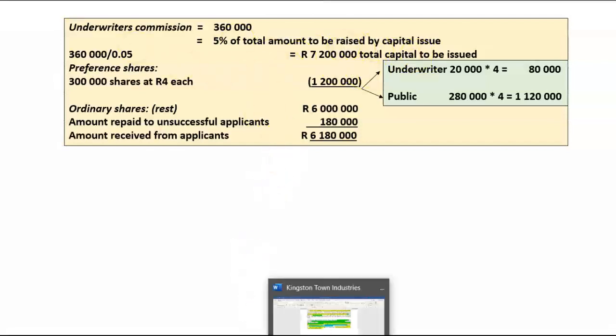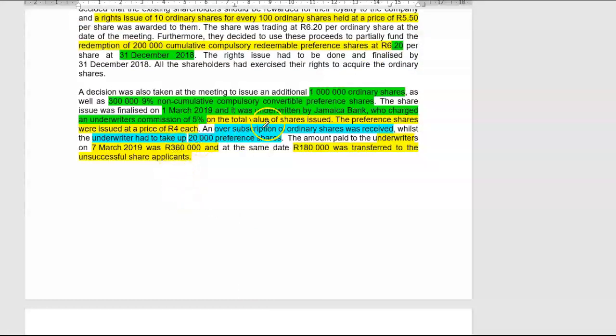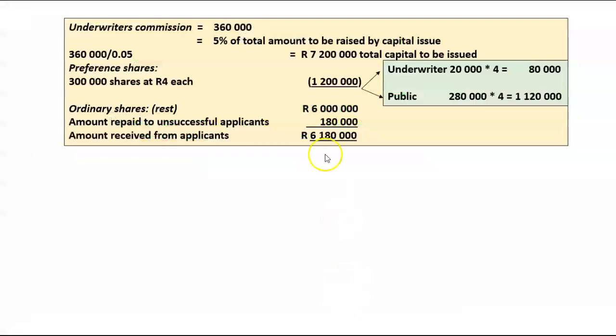Now, they tell us how much pref capital they wanted to raise. They say that they have 300,000 pref shares at R4 each. So that's 300,000 pref shares at R4 each, which is 1.2 million, and we can deduct that from our total proceeds of 7.2 million.